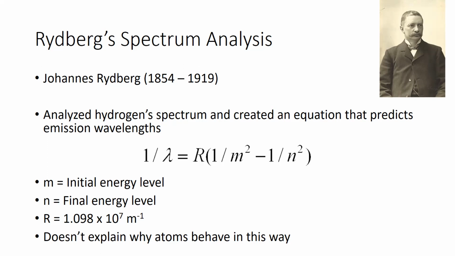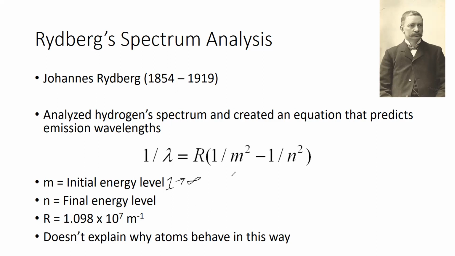He said hydrogen has certain energy levels it can be in, and they're just non-zero positive numbers. So you can be at the first energy level, the second, the third, all the way to infinity. So your energy levels can be 1 to infinity.